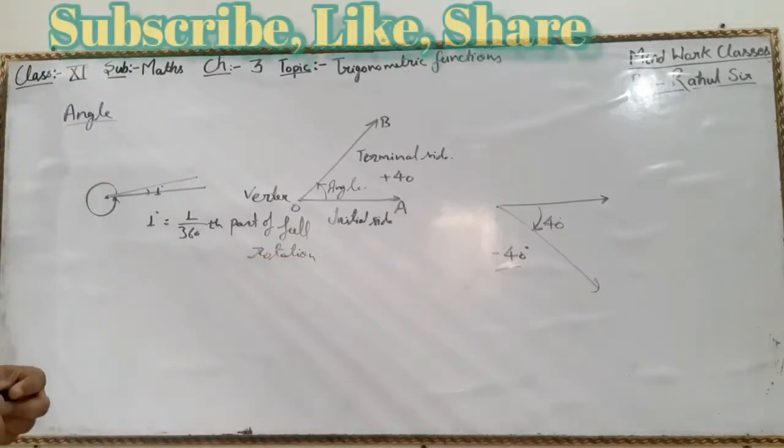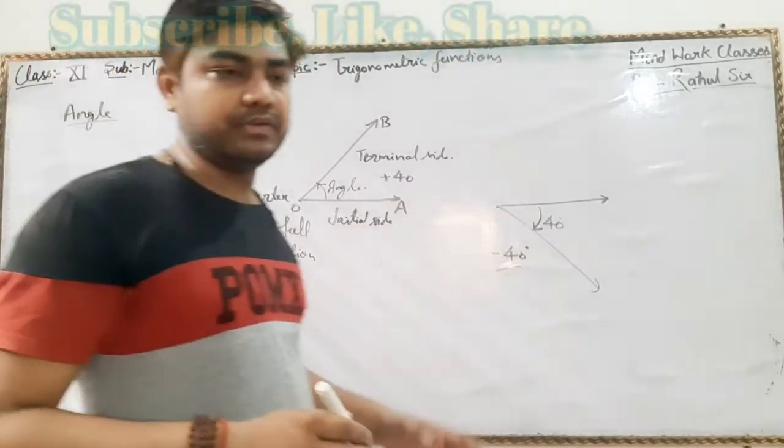So 1 degree means 1 upon 360th part of a full rotation.